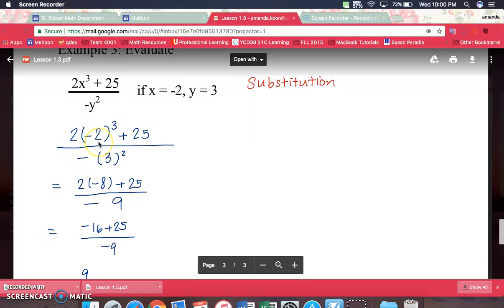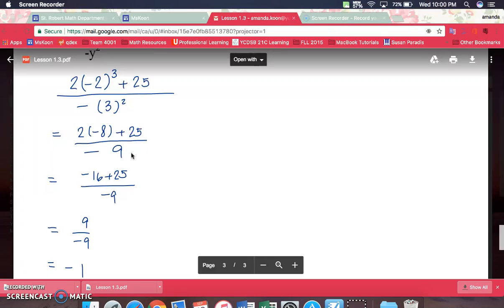So you get 2, brackets, -2, close brackets, cubed, plus 25. And divide that by negative, once again, brackets, get rid of the y, replace it with a 3, square that. And now, the numeric part is like this.